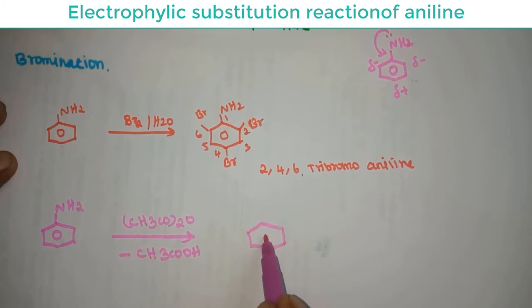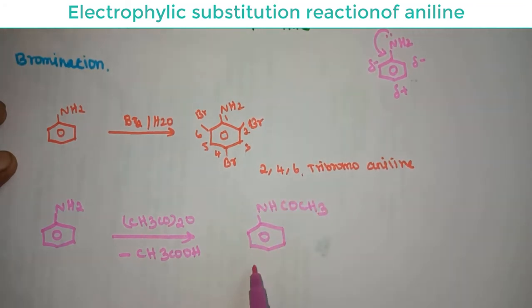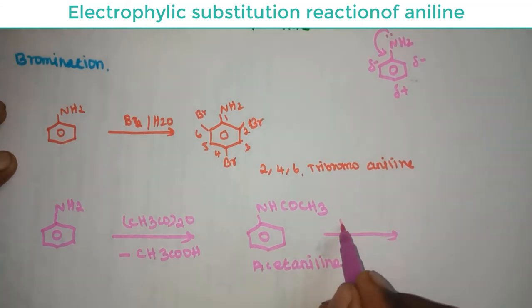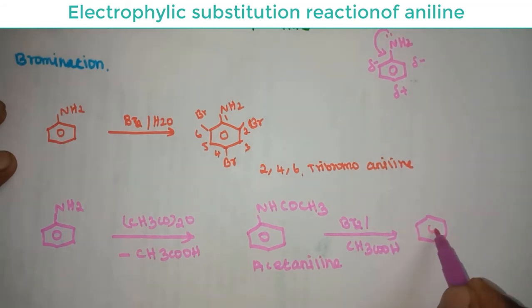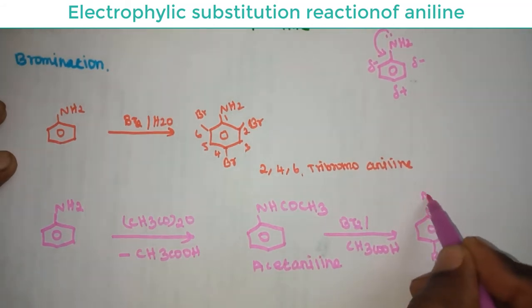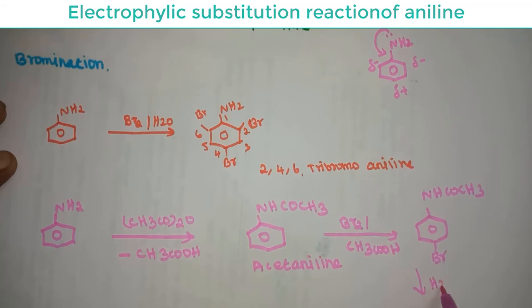This is acetanilide, NHCOCH3. This undergoes bromination with bromine water and acetic acid to form a monobromo compound, para-bromoacetanilide. This undergoes hydrolysis with water to form para-bromoaniline as the major product.